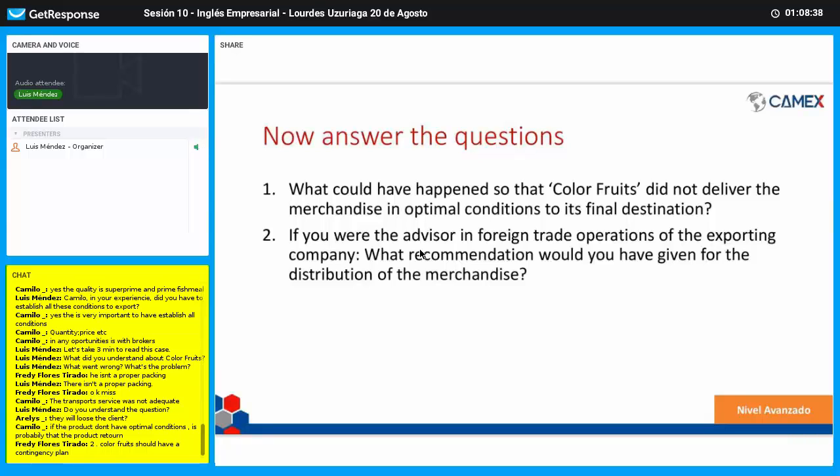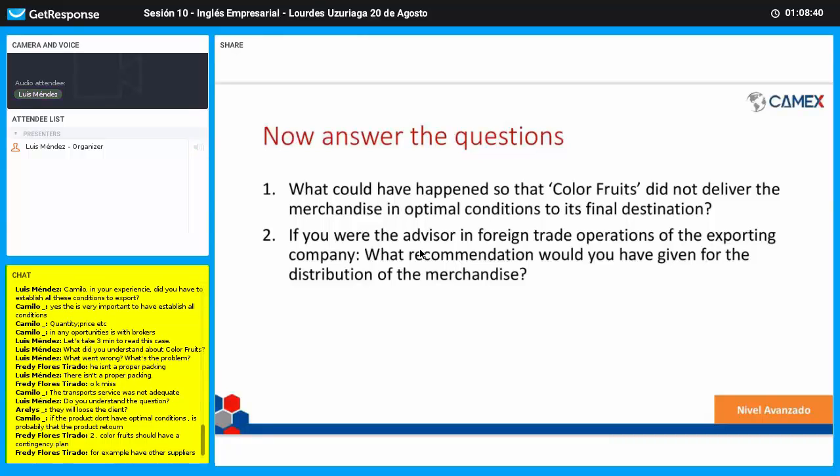So they have to cover the extra cost or the losses or losing a client, which is worse, because maybe they work so hard to get the client and now they don't have a good relationship with them. Okay, for example, having others. Yeah, you're right.